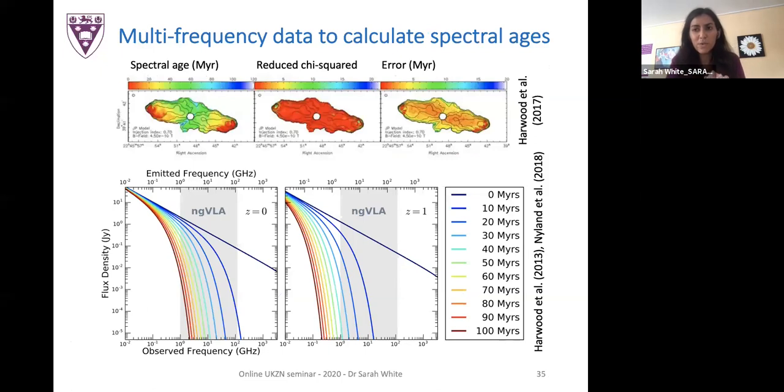So another reason why we have radio spectra showing this curved structure is due to spectral aging. And on the top, we have examples of spectral age models and associated chi-squared and error. And the bottom is the corresponding power spectrum, basically, or radio, the energy associated with those electrons.